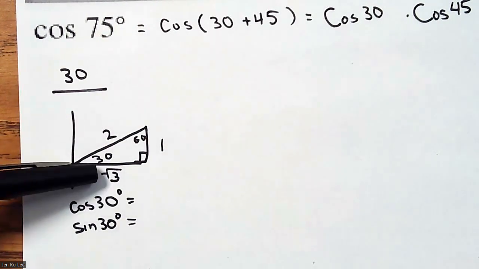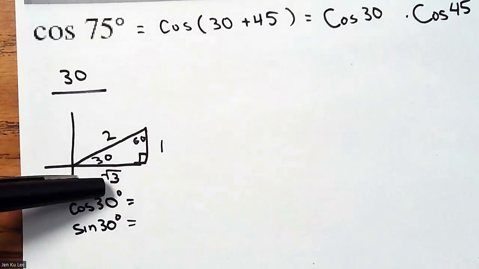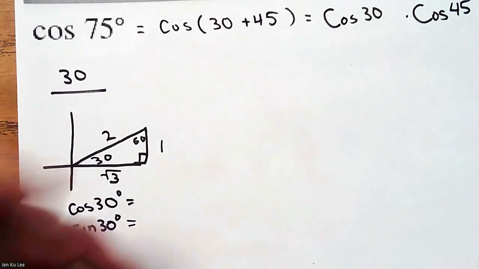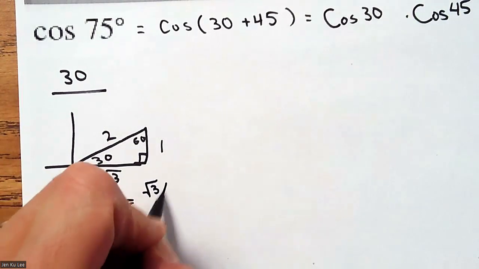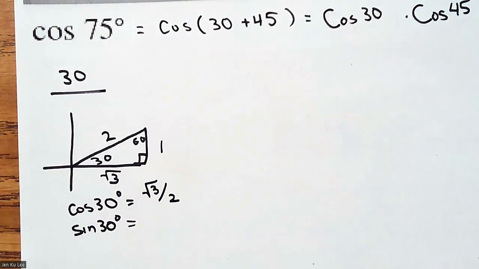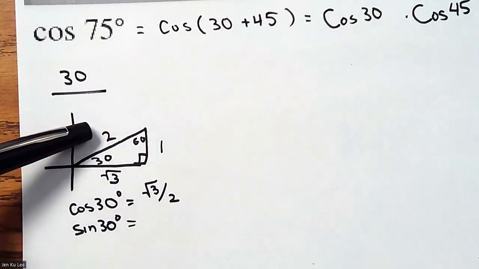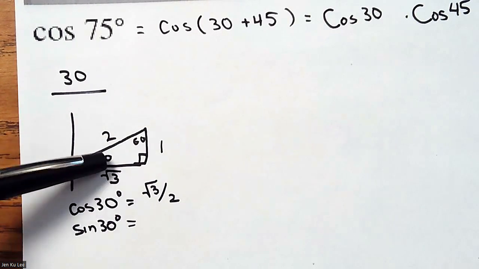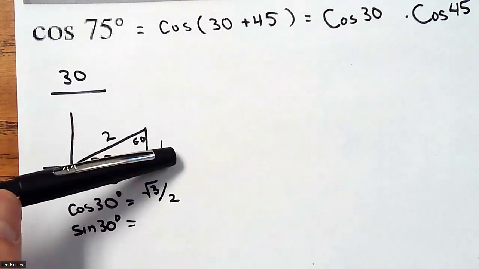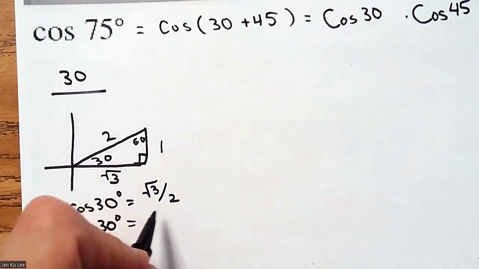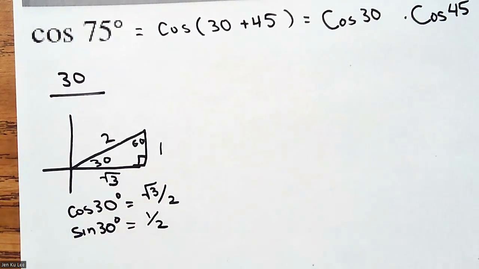Or if you want to go really back down to your foundation, adjacent over hypotenuse. Same thing, square root of 3 over 2. Sine of 30, y over r. Or again, opposite over hypotenuse, right? 1/2. Yeah?